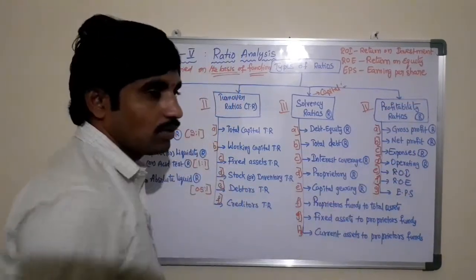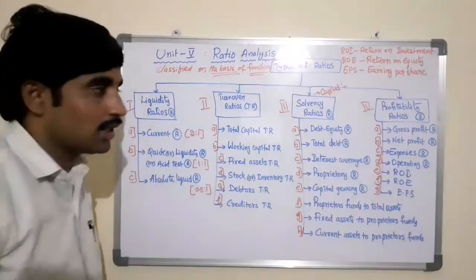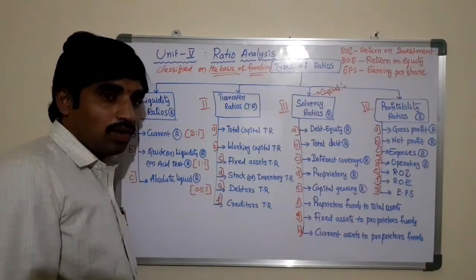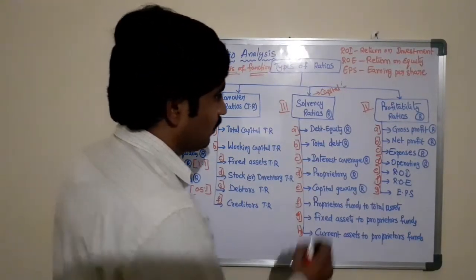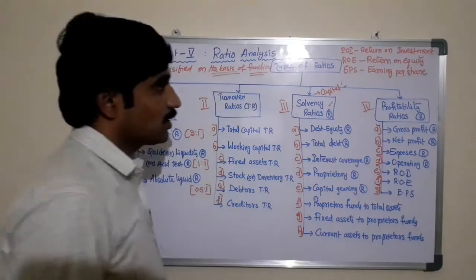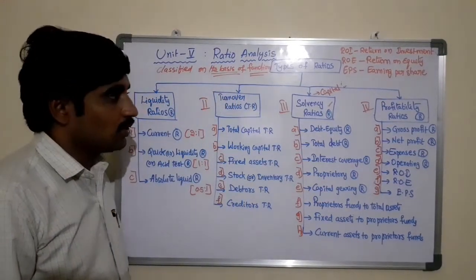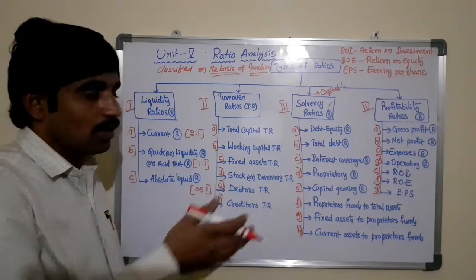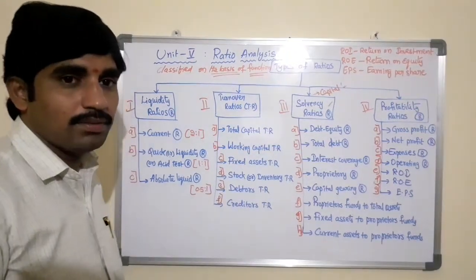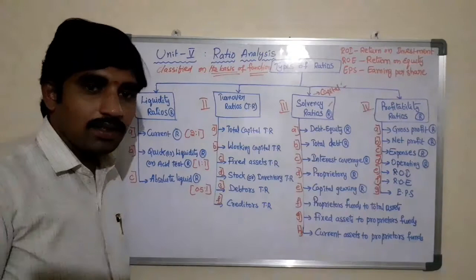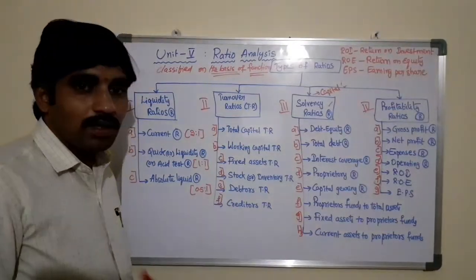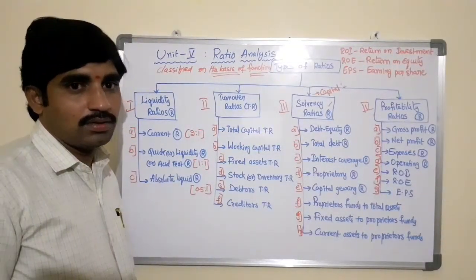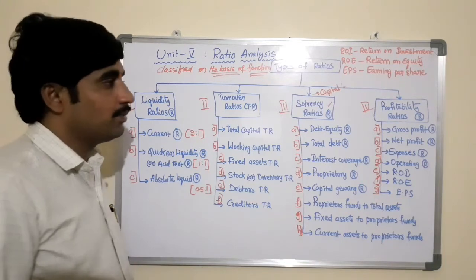ratios, are used to know the financial position of the company with respect to profitability, or the profitability position of the business. Capital structure ratios or the solvency ratios are used to understand the solvency position of the company, meaning whether the company is in a position to repay the long-term liabilities and meet the long-term commitments or not.